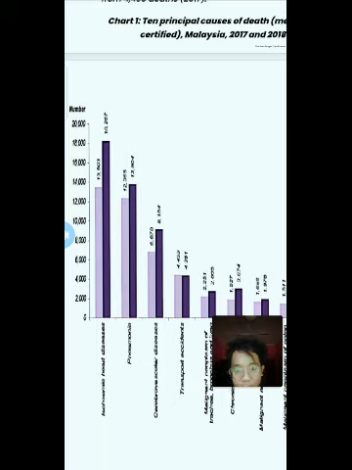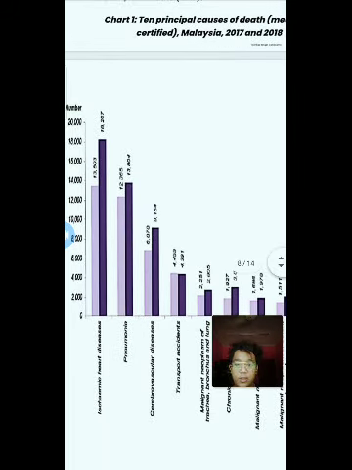For the fourth one, transport accident. You can see there in 2017, the deaths were 4,499, but it decreased just a little bit to 4,391. It's decreased a little bit, not so much, we can categorize it as almost the same.